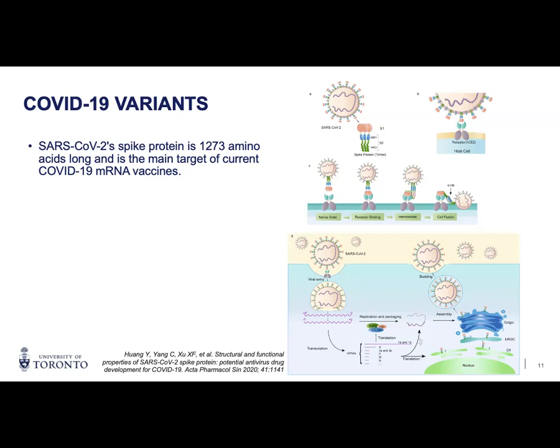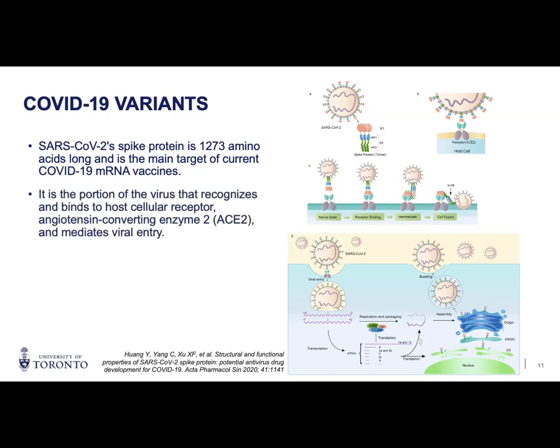It is a portion of the virus that recognizes and binds to host cellular receptors, which is the angiotensin converting enzyme 2, ACE2 receptor, and mediates viral entry, as you can see here. It's binding to ACE2, and this is how it's mediating viral entry. SARS-CoV-2 is unable to infect host cells without this receptor.